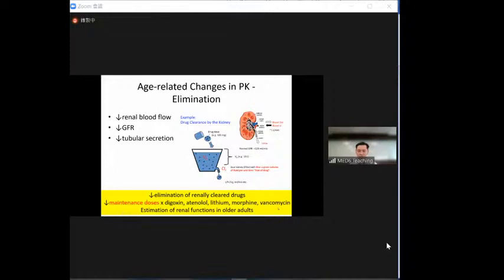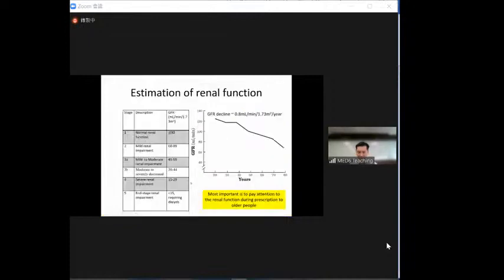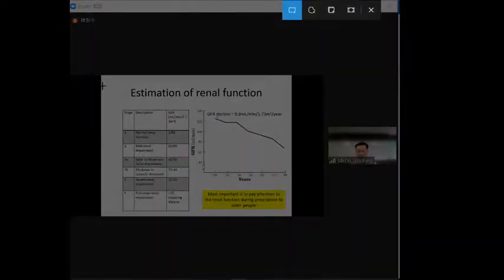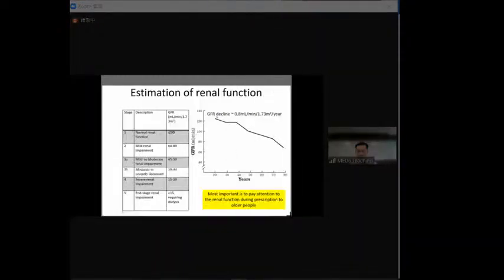So you would want to estimate the renal function in older adults, and it is largely predictable. Okay, the age-related decline in the GFR is about 1 milliliter per minute per year. All right.